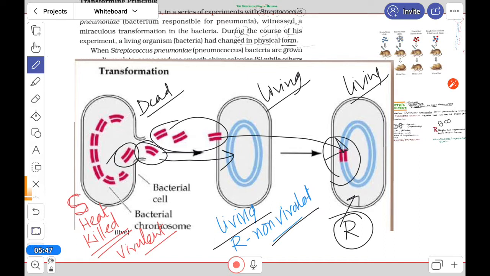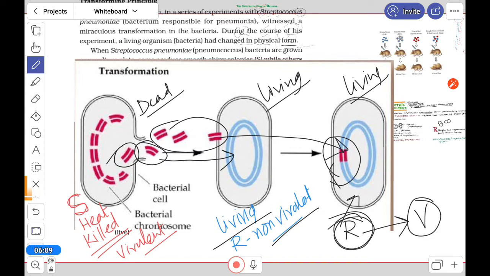When it carries this virulent character, the non-virulent bacteria now converts into virulent bacteria, and then it causes the disease pneumonia, and the mice die.